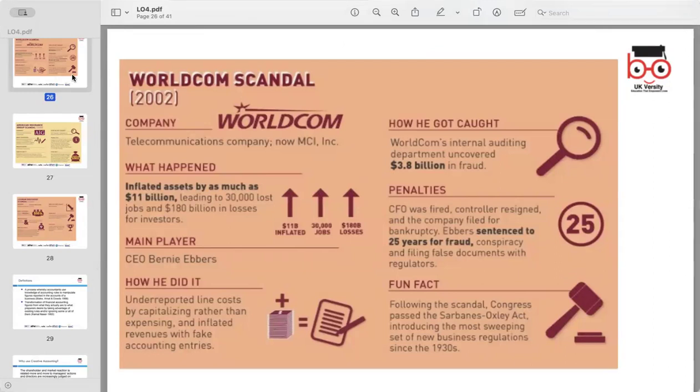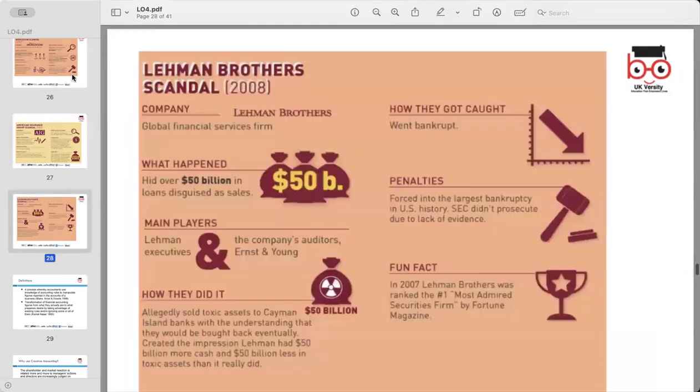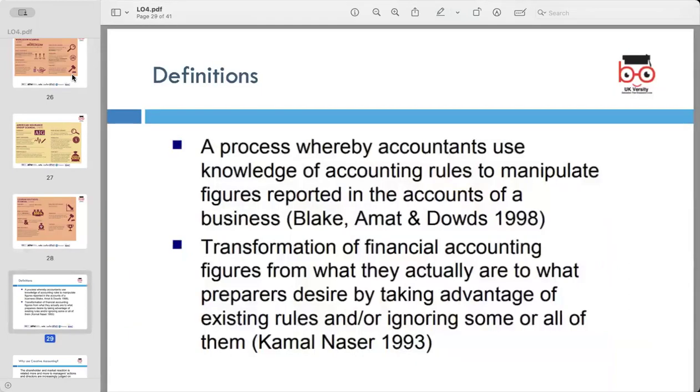Yeah, 27, 28, and 29. That's slide 27, the WorldCom scandal. And then 28, American Insurance Group. And then Lehman Brothers 28, 29 definitions. Perfect. Okay.